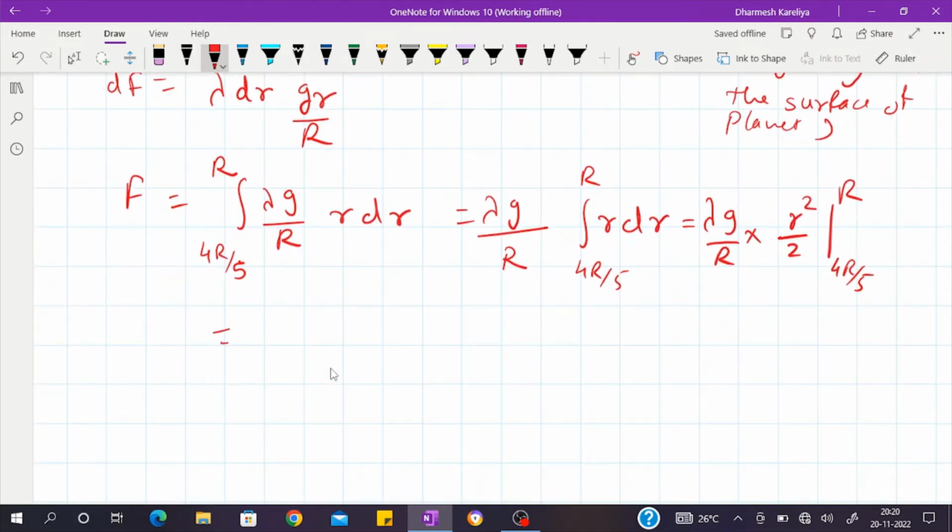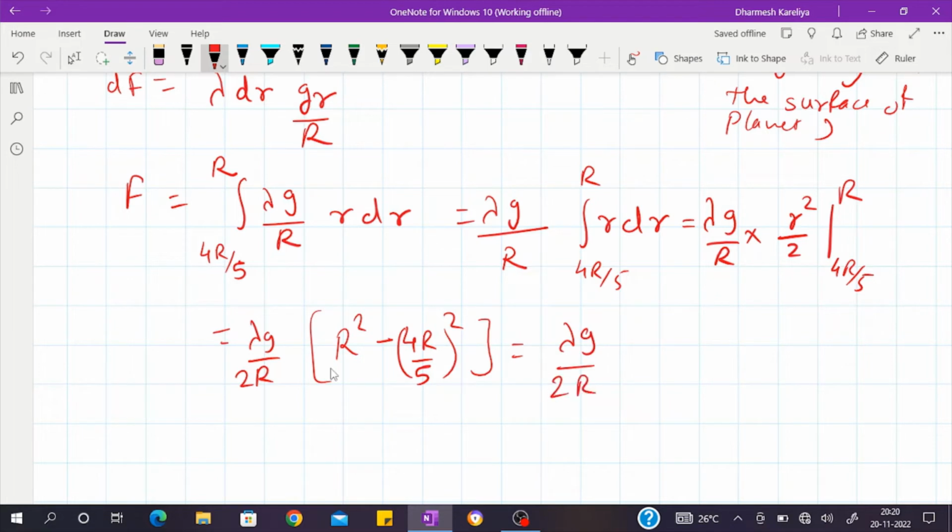So this is lambda g by R, or 2 you can take out. So upper limit minus lower limit will give you R square minus 4R by 5 whole square. So this will be lambda g by 2R, and this will be R square minus 16, square of 4 is 16, R square by 25, square of 5 is 25.